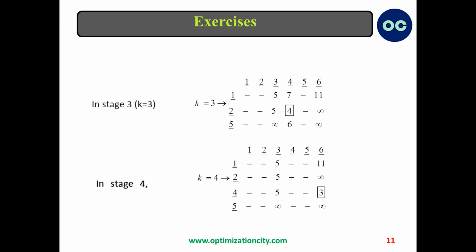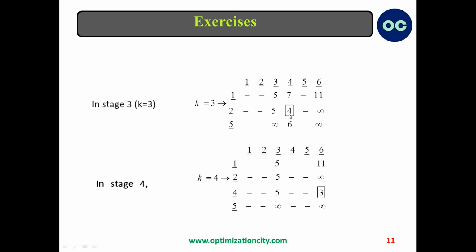So in the next step, k is equal to 3, we expand the matrix by adding row number 5. This results in a new 3 times 6 matrix. In the fourth step, we identify the smallest value in the matrix, which is equal to 4. This number represents the distance between point 2 and 4, okay?